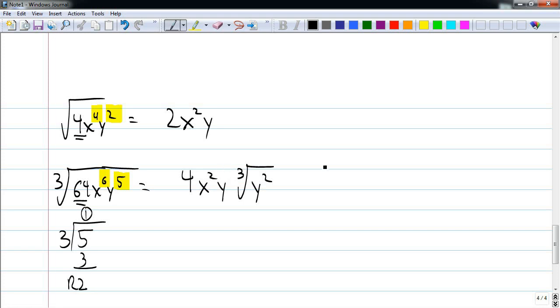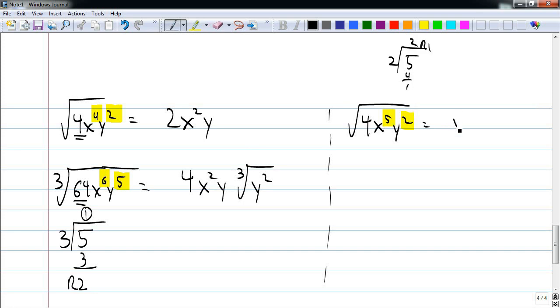Okay, let's try this again with a square root. Let's try square root of 4x to the 5th y squared. So divide each of these exponents with 2 because it's a square root. The quotient goes outside, remainder stays inside. So x to the 5th, 5 divided with 2 is 2, remainder 1. So I put x to the 2nd out in front.